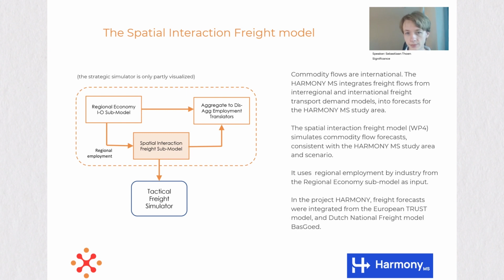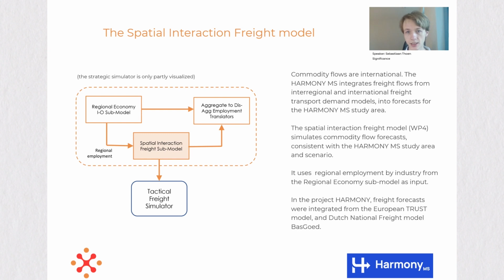In the Harmony project, for example, we took a commodity matrix from the Dutch national freight model Basgoed, which has a relatively aggregate zoning system, and disaggregated this towards a more detailed zoning system. And we've also used the European TRUST model for this purpose. So this module is flexible to different inputs.